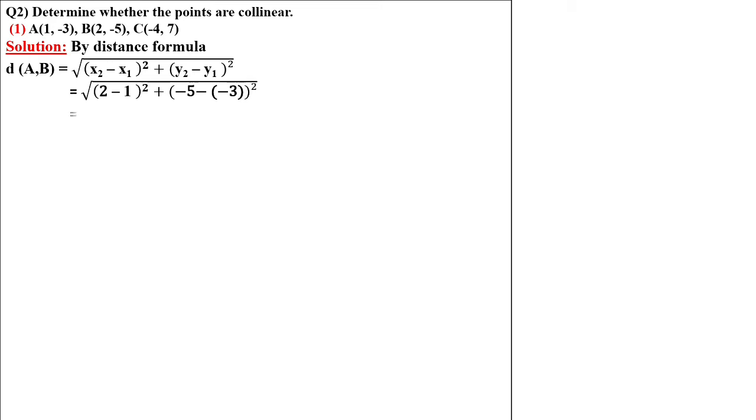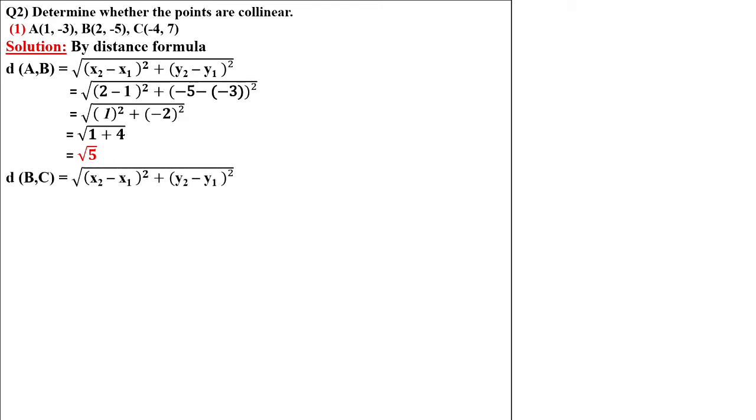So 2 minus 1 we get 1, whole square, plus here in the 3 also we have the minus, and outside the bracket also we have the minus. So 5 is given the minus and 3 becomes plus. Minus plus minus, so minus 5 plus 3 we get minus 2, whole square. 1 square is 1, 2 square is 4. So 4 plus 1 is 5, under root 5.